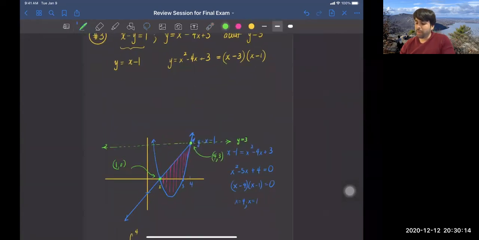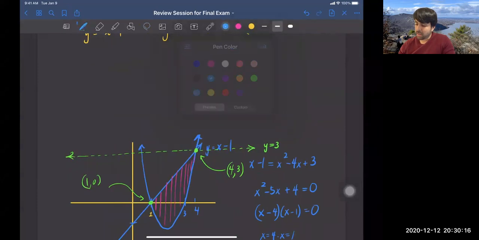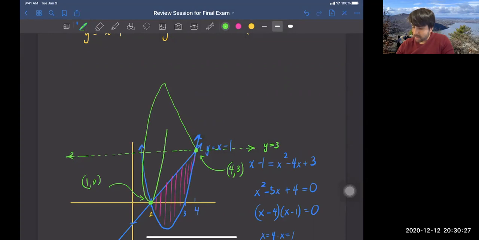So if I were to revolve this, it would be kind of strange shape. Something like this. Something like this.